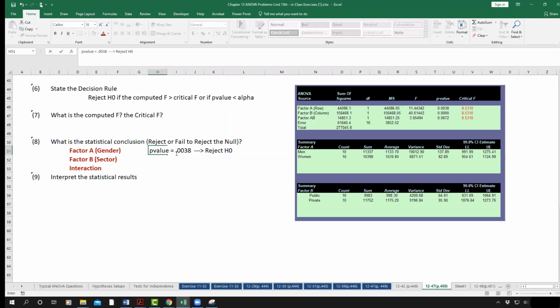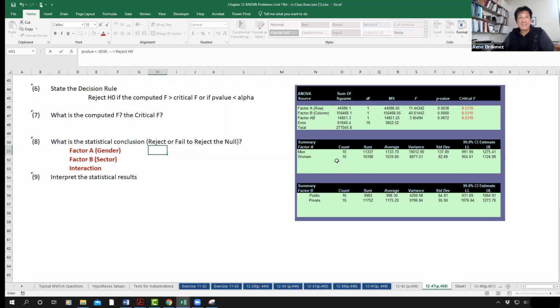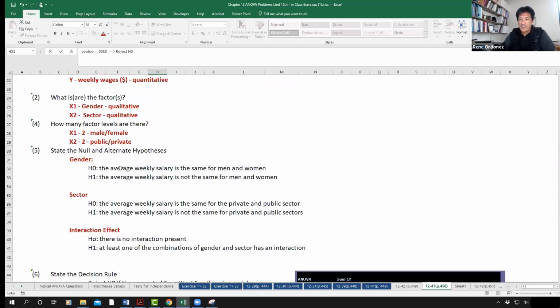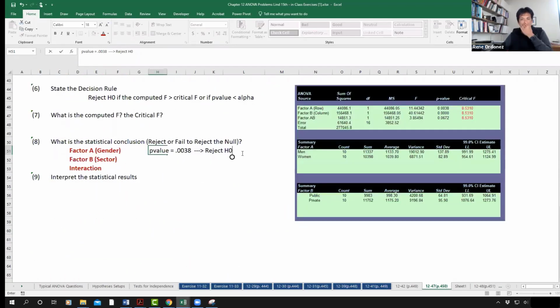What was alpha on this problem? It's 0.05. We can set it at 0.05. Yeah, over here. Okay. So reject the null hypothesis.